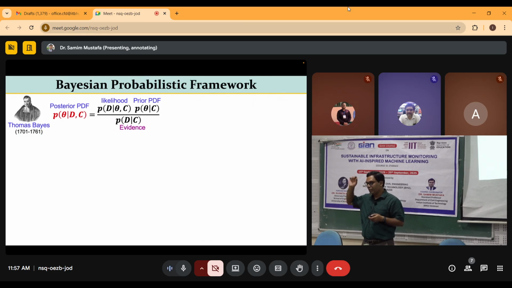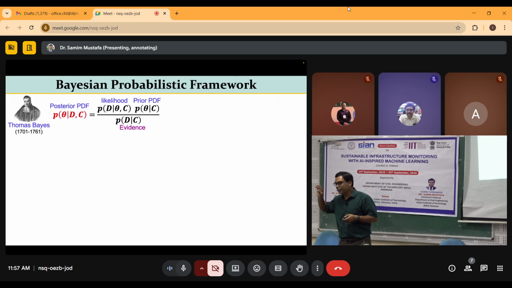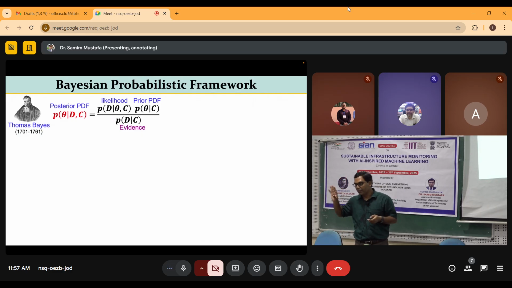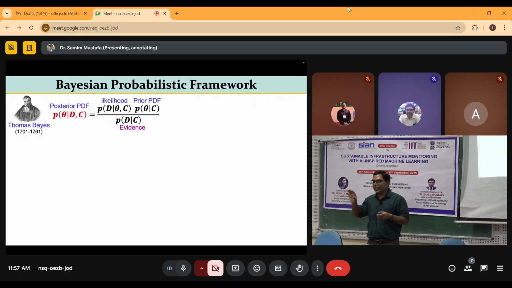That time he wrote an essay, and later the researchers found it a very interesting and very powerful method, because it helps us in a situation when there is a measurement and there is a numerical model. This type of thing is there not only in civil engineering problems, could be in medical science or any other thing. Some prior information and some observed knowledge, then you try to refine that information.